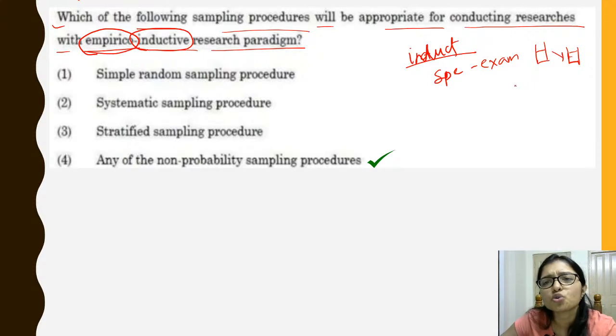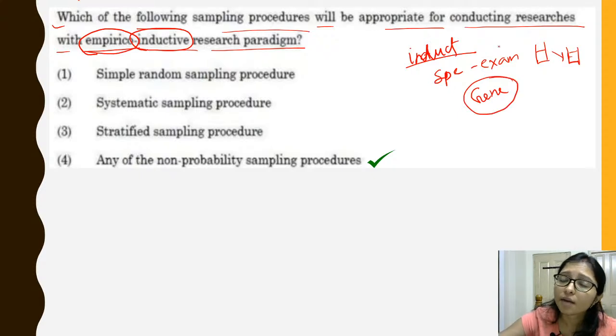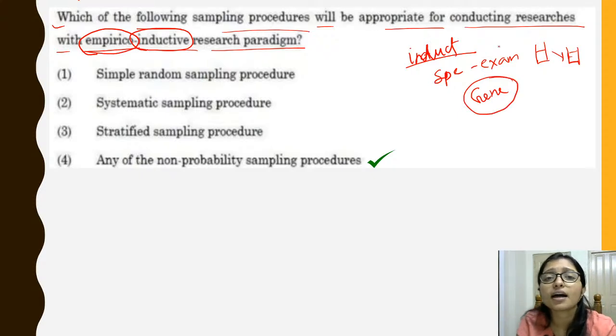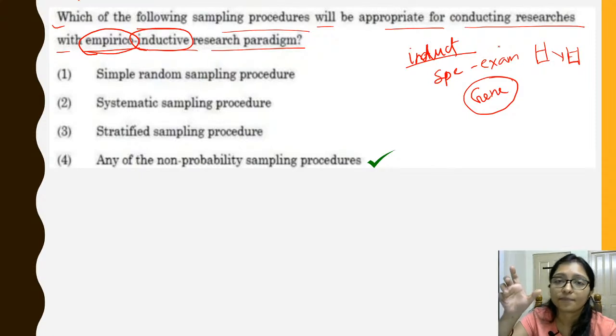Means if you choose any probability, any systematic or any probability, then never will you get the general result, right? You will get a general result only if you are not choosing specifically, and are selecting randomly. If you are choosing the sample with some biasness, then you cannot decide it is general, right?